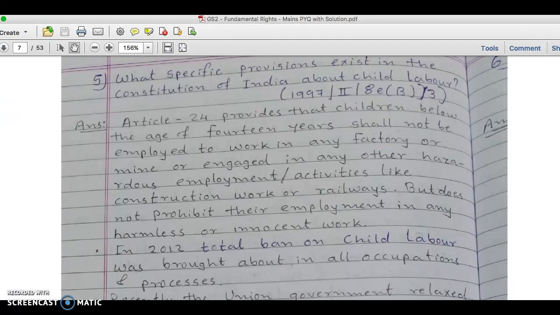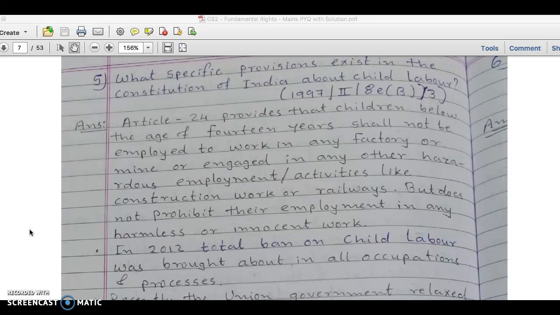As given in this answer, before discussing this, let's discuss what is actually given in part 3, fundamental rights, that is the right against exploitation. It states the prohibition of forced labor and trafficking in human beings. Basically it provides first begar, that is use of the service of backward community by land labor without any kind of payment, then trafficking and prostitution.